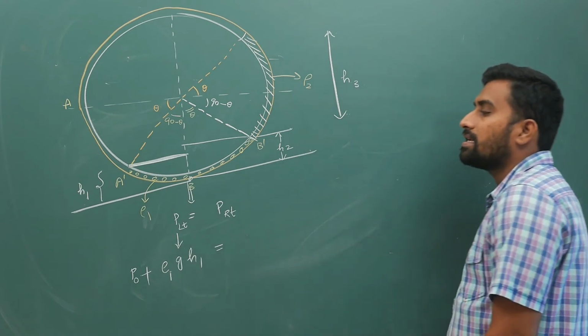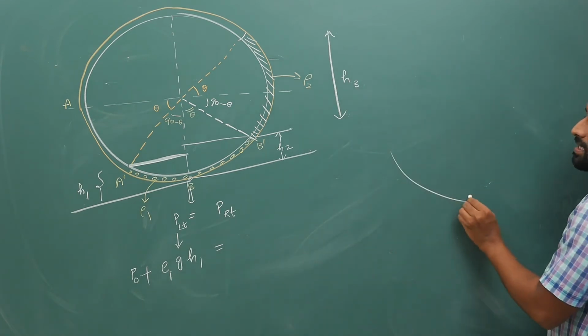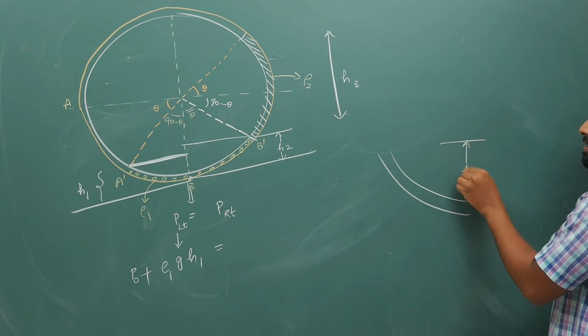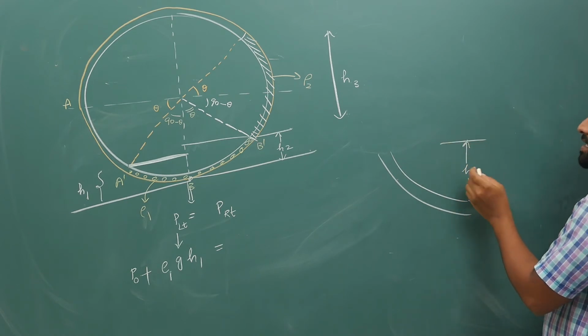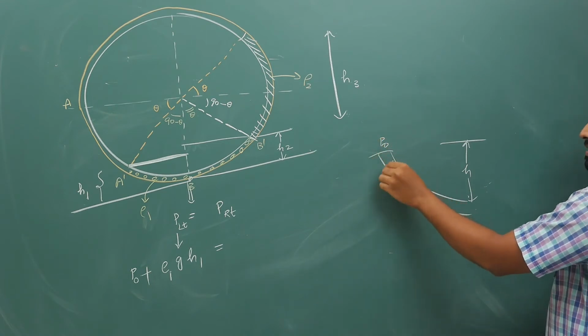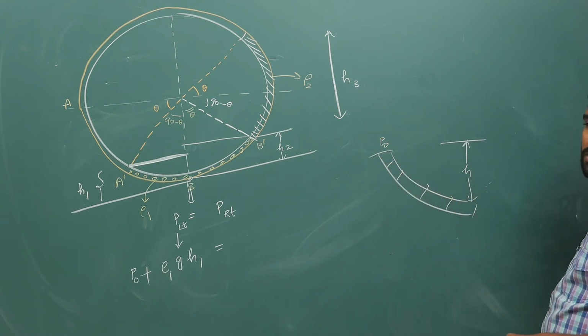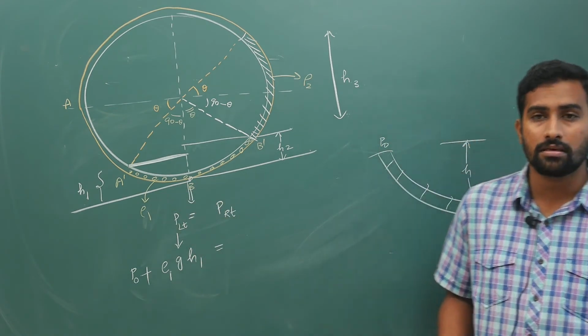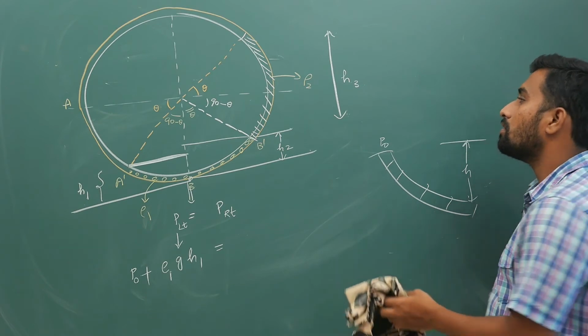I told you very clearly, your pressure does not depend on shape of container, it only depends upon height. So if this height is h, it is P0 plus ρ g h: outside you have P0, inside you have liquid. So from left side your pressure is P0 plus ρ1 g h1.